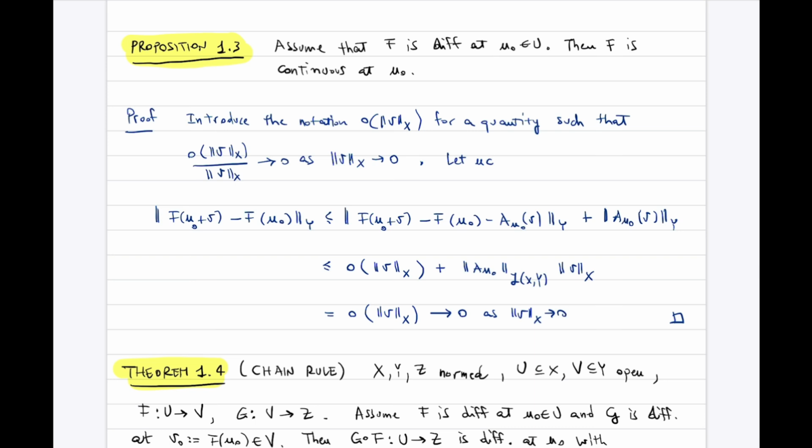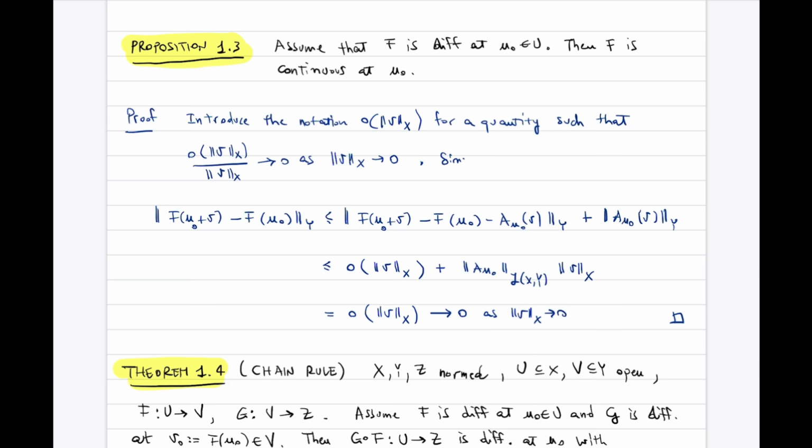Let v in X be such that u0 plus v belongs to U. Okay, we only need to check the continuity for points which are close to u0. So if you really want to be very precise, we will do this only once just to make at least one proof very rigorous.